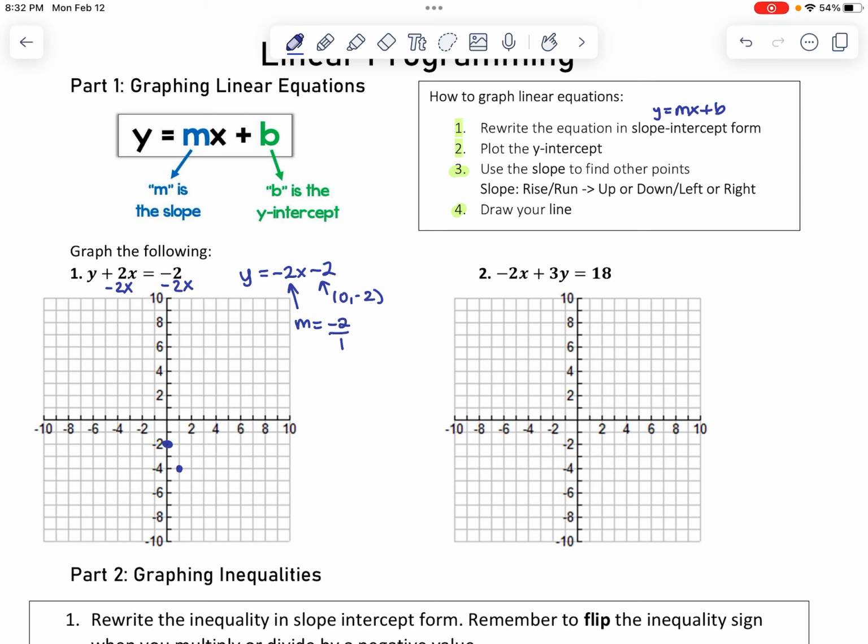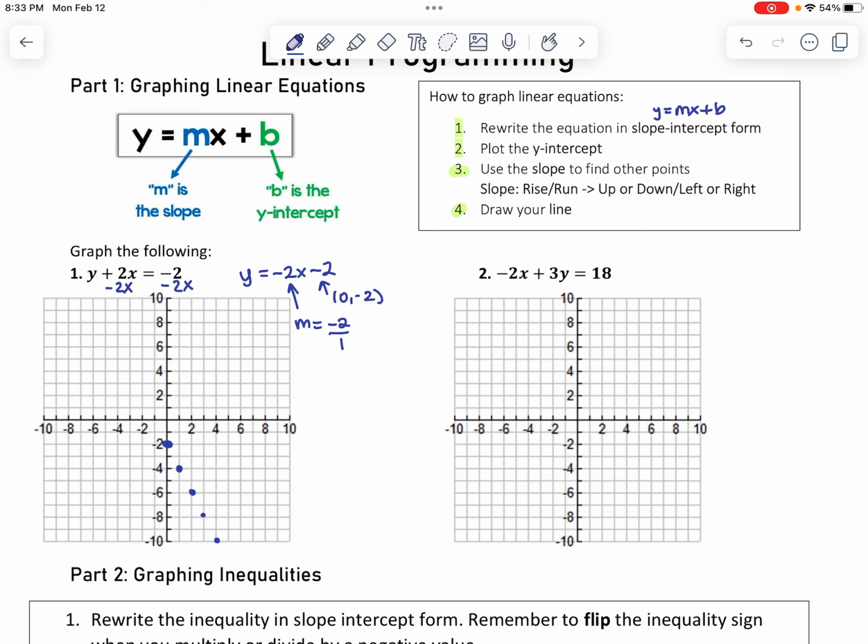And there's our point. Then from this point, we're going to repeat that. We're going to go down 2, right 1. Down 2, right 1. And you can keep repeating that down and over. But then we can do some more points in the other direction. So now we're going to almost flip the opposite. Instead of going down 2, we're going to go up 2, and then we'll go left 1.